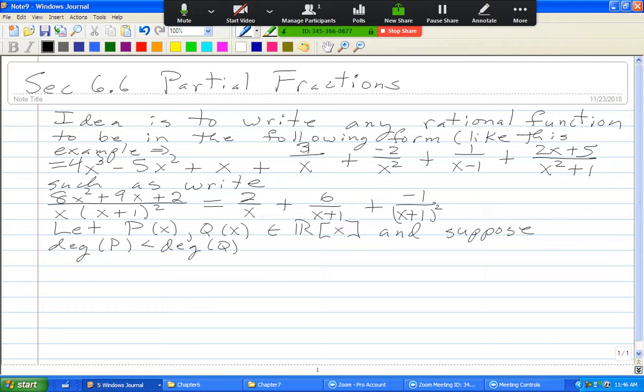I can always factor Q over the reals as some constant to some power.